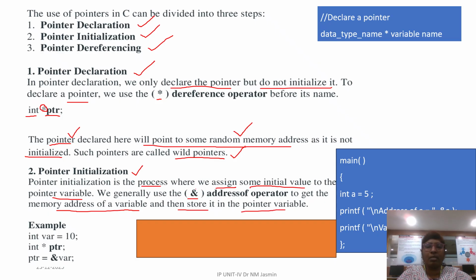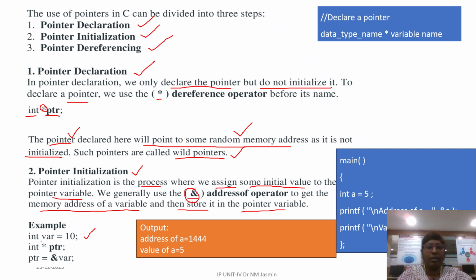So we can conclude that the pointer variable holds the memory address of the variable. If you see the example here, int var.